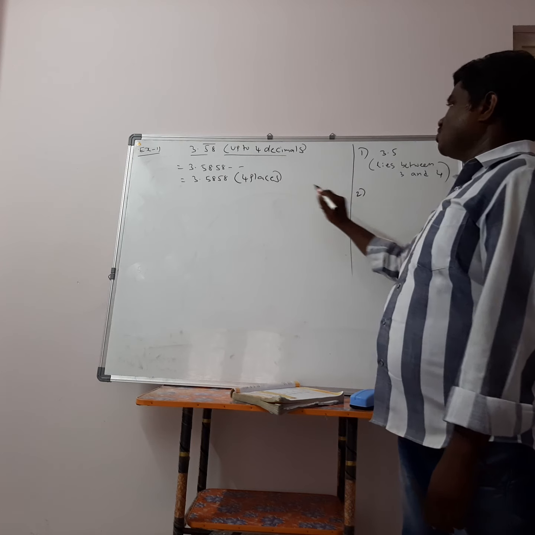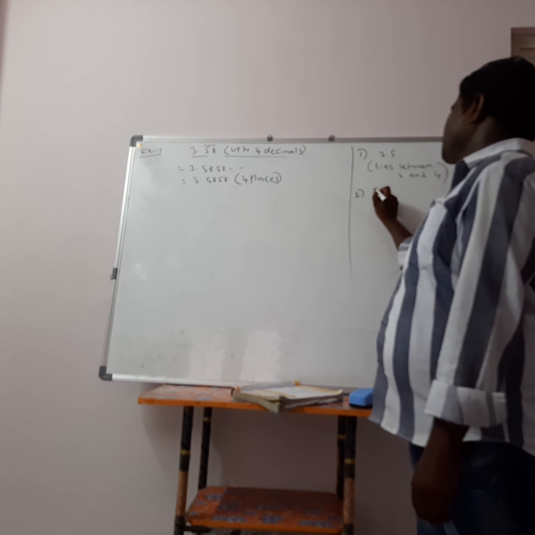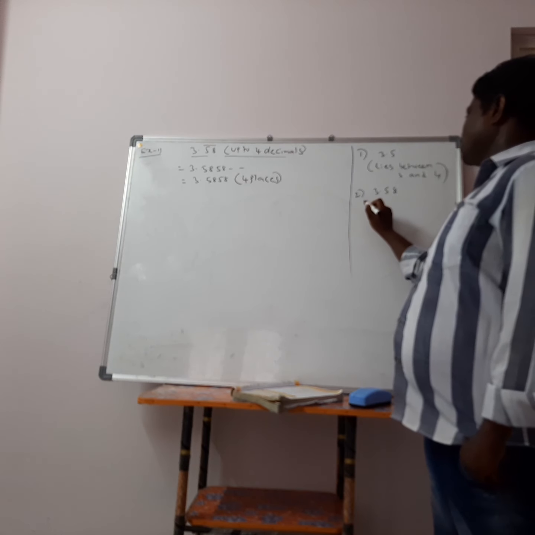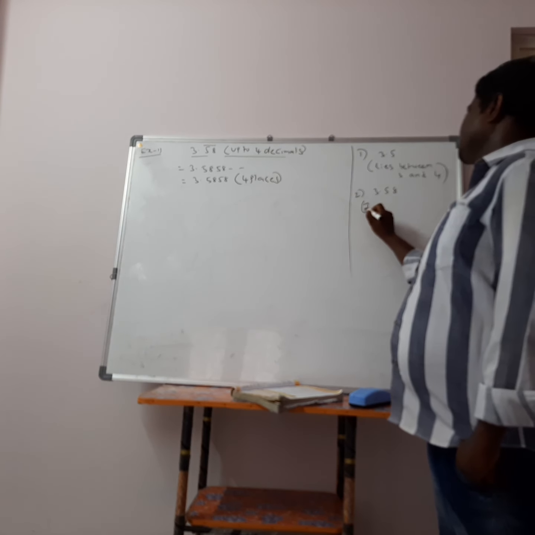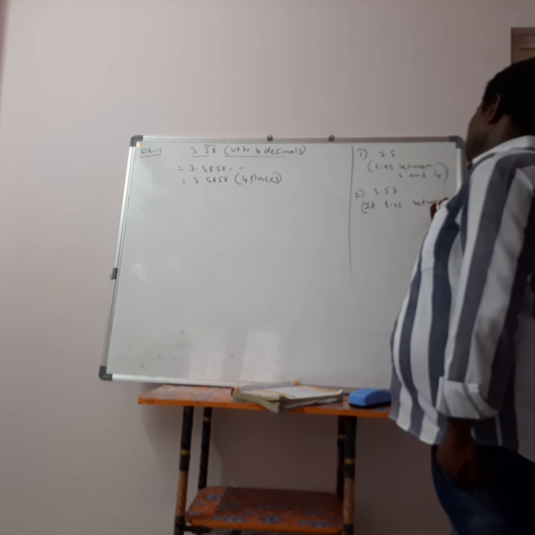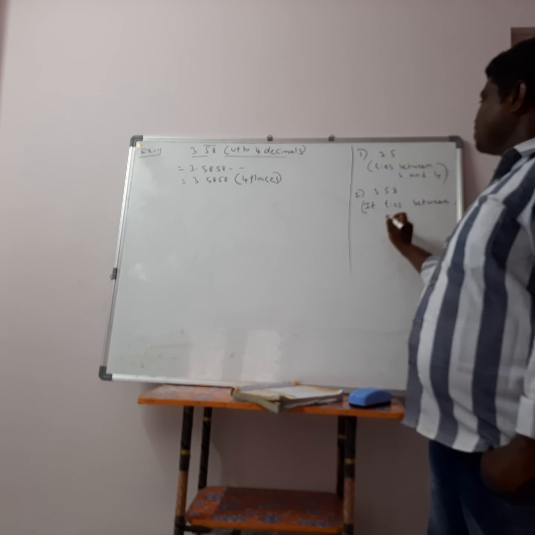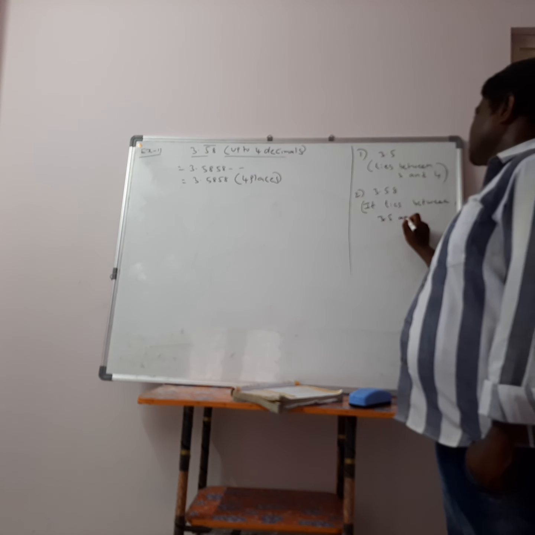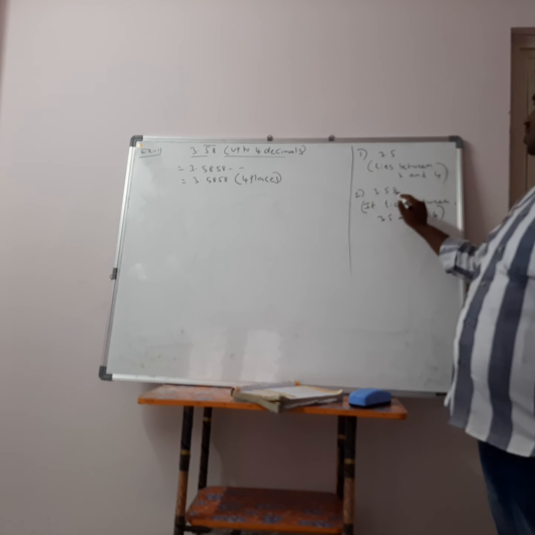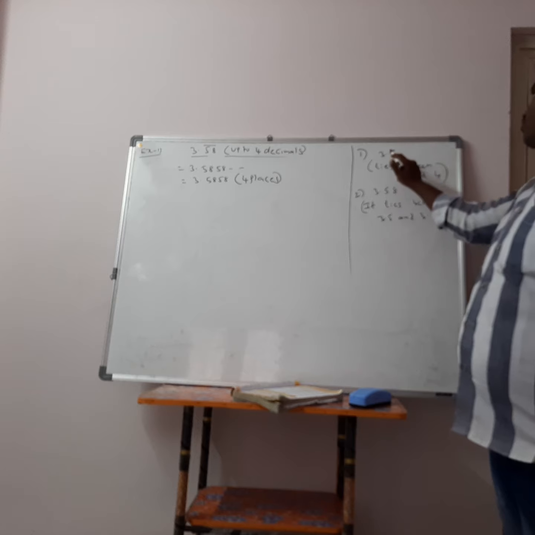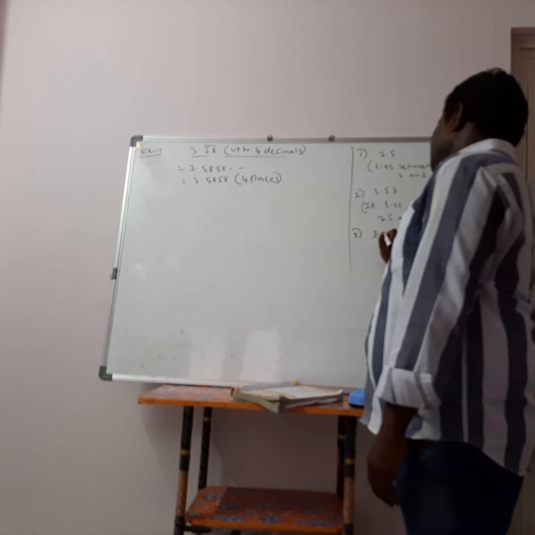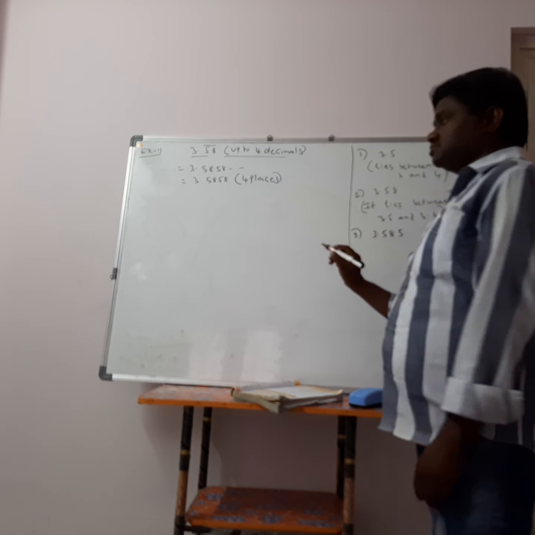Second step, what is the next number? 3.58. You have to write, it lies between 3.5 and the next number 3.6. So 3.58 lies between 3.5 and 3.6. What is the next number? 3.585.